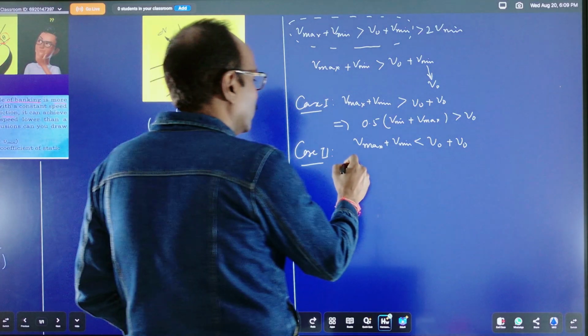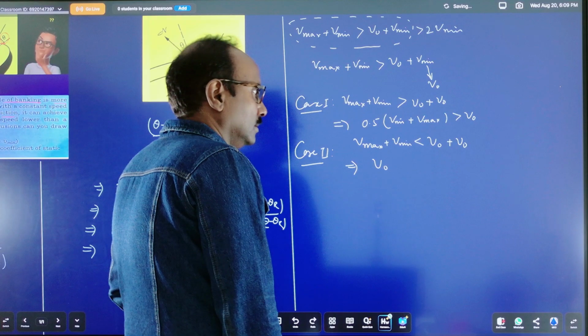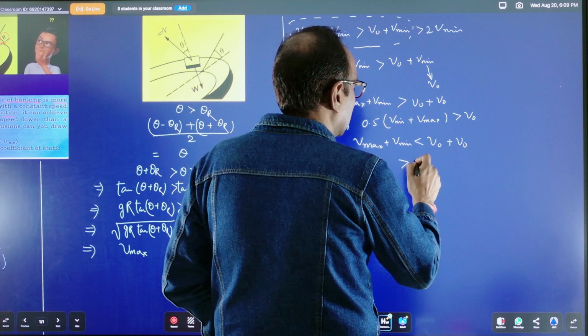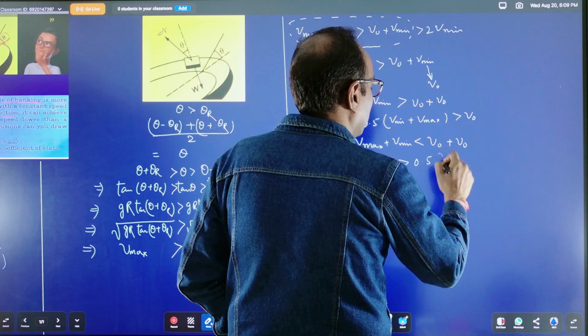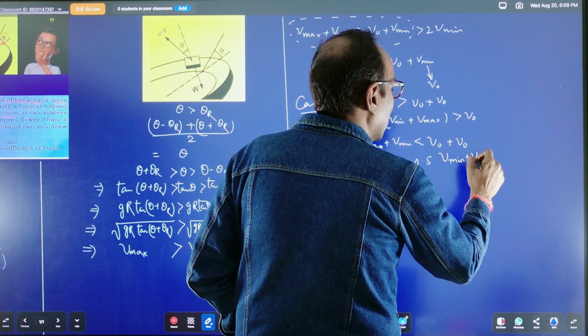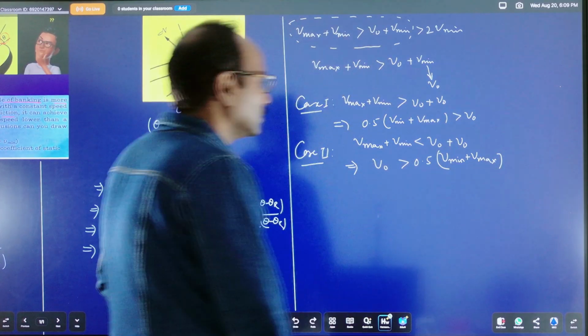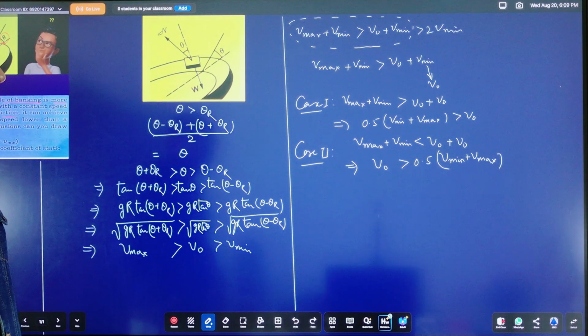In that case your V naught will be greater than 0.5 times V min plus V max. This is the second case.